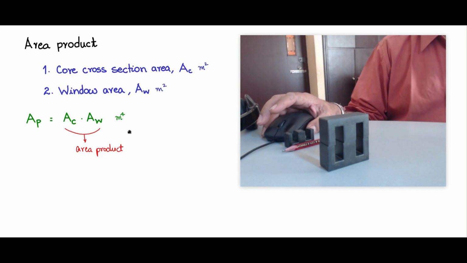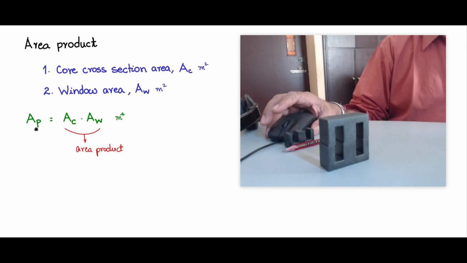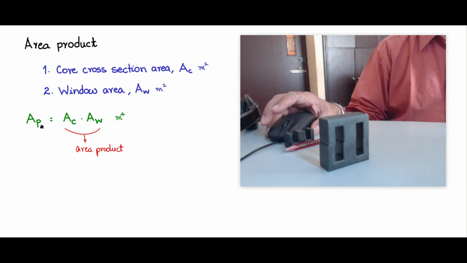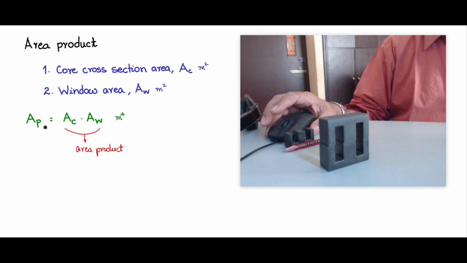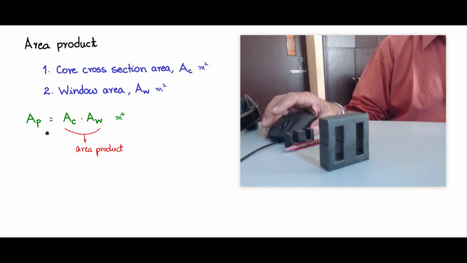When we do the core design for inductors and transformers, we will be calculating this area product AP and checking against the table of cores for the area product that matches or is greater than the value calculated, and we will select such a core which has a greater datasheet value AP than what we have calculated, and then use it for design. This is an iteration process.